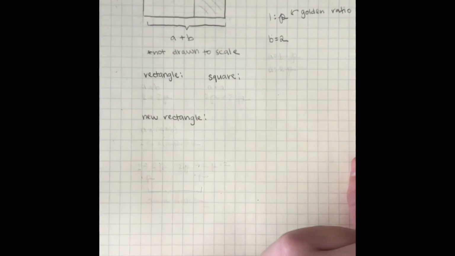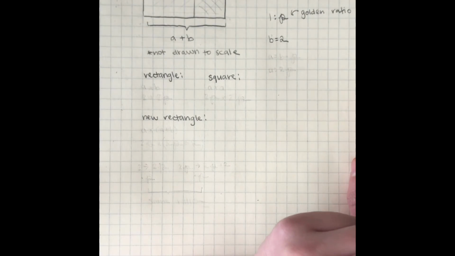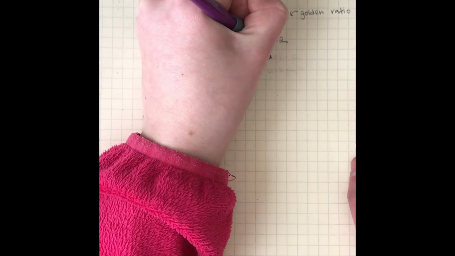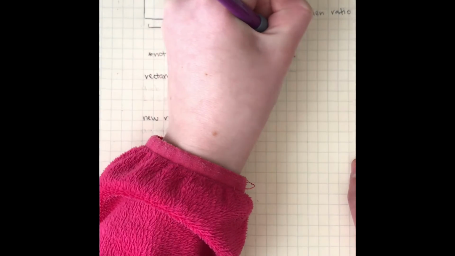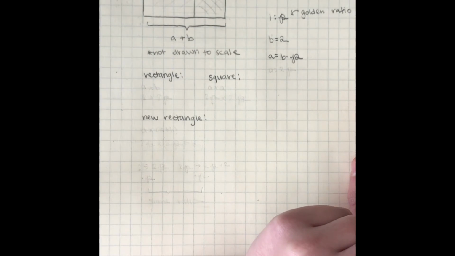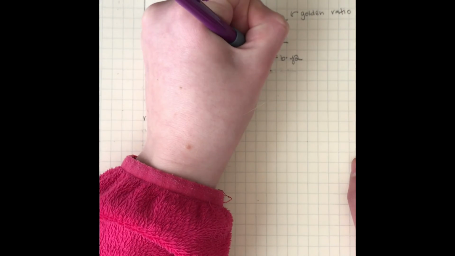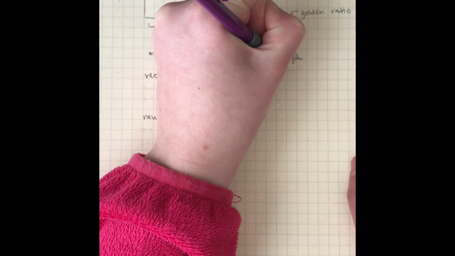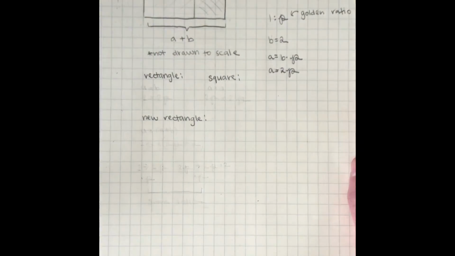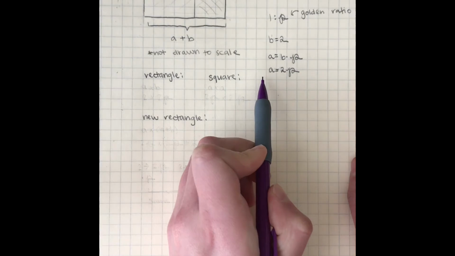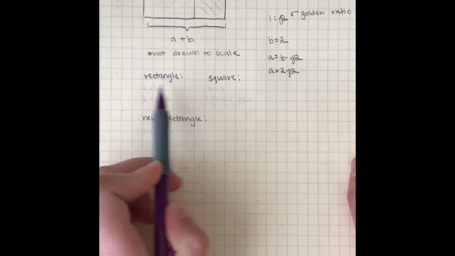You can assign B any numeric value. Hence, in this case, A equals B times phi. Using systems of equations, we can conclude that A equals 2 times phi, so A equals 2 phi.